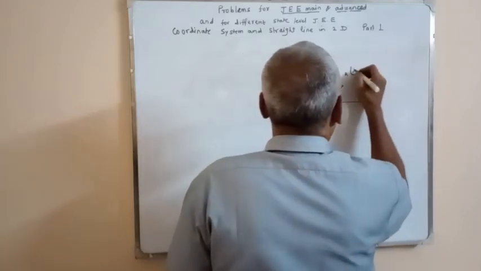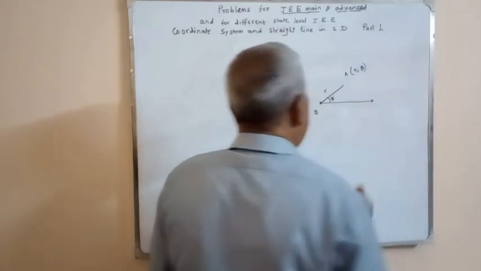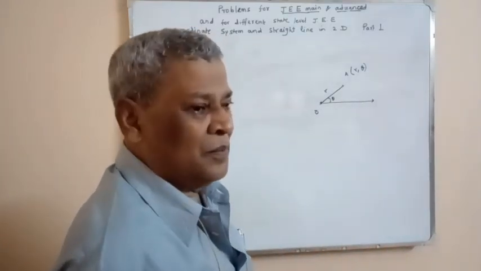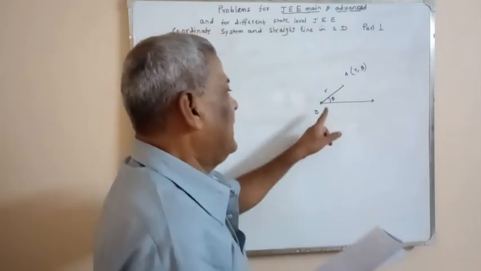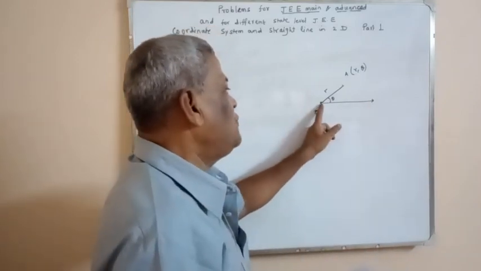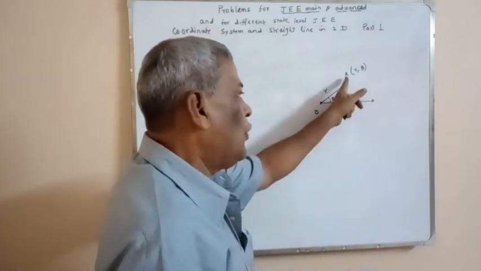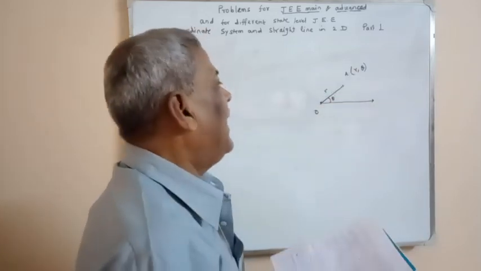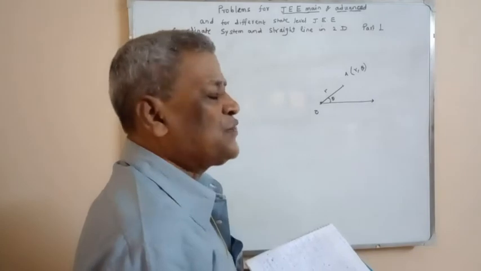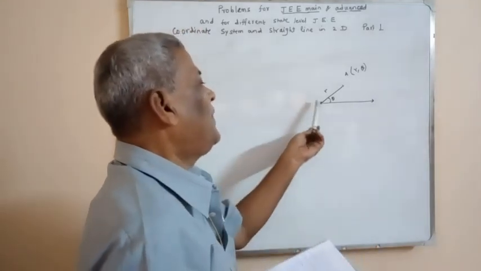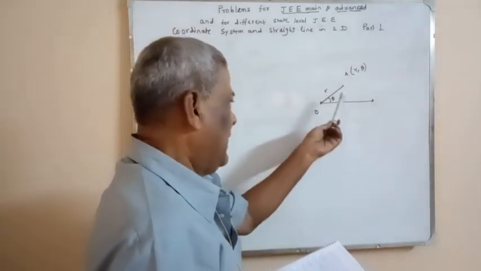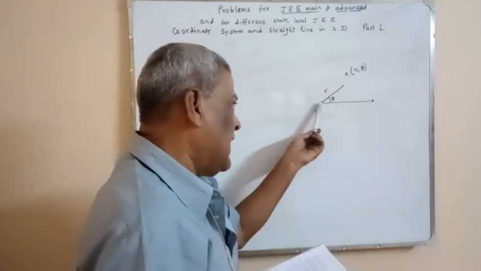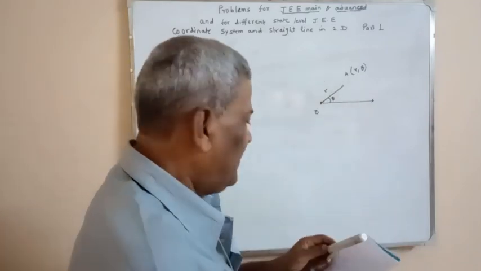Then R comma theta is the polar coordinate of the point. R is its distance from the pole O, and theta is the angle the straight line makes with the initial line.